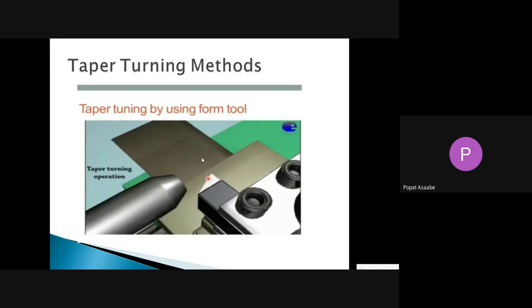Okay, so the next type of taper turning method is taper turning by using a form tool. Taper turning by using the form tool. It is a very simple method. In this method we can provide the taper to that workpiece in such a way that whatever amount of taper we want to produce on that workpiece, that much amount of angle is provided on that single point cutting tool.